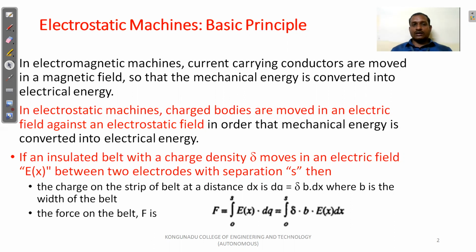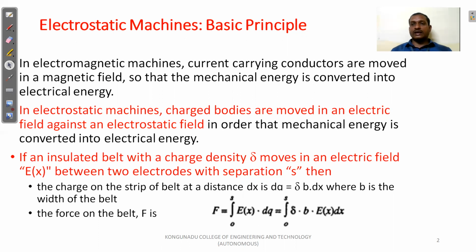If you consider electromagnetic machines, current carrying conductors are placed in the magnetic field. These current carrying conductors change the rate of change of flux, so automatically EMF will be induced in the machines.